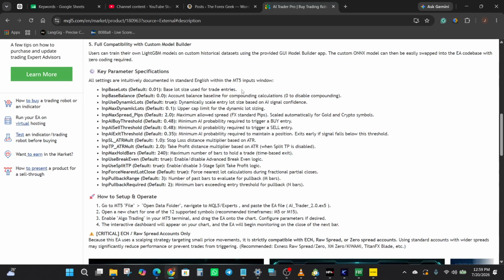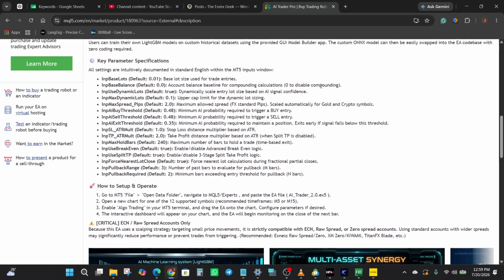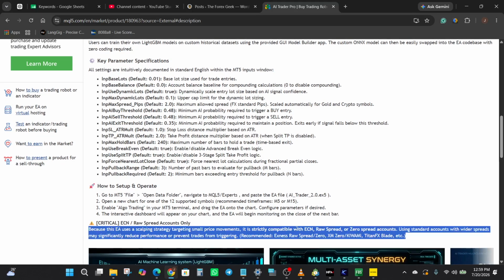Under setup, this requires enabling algo trading and applying the EA to one of the 12 supported symbols, with M5 or M15 recommended. There is a clear note that this is strictly built for ECN, raw spread, or zero spread accounts, given how sensitive a scalping strategy like this is to spread cost.